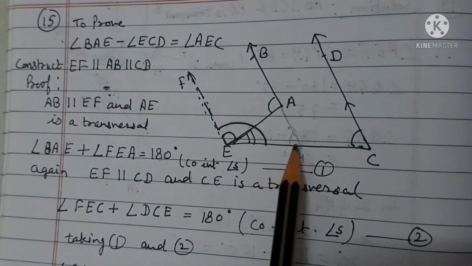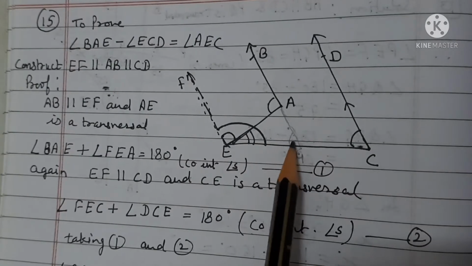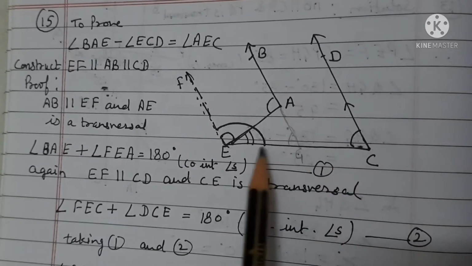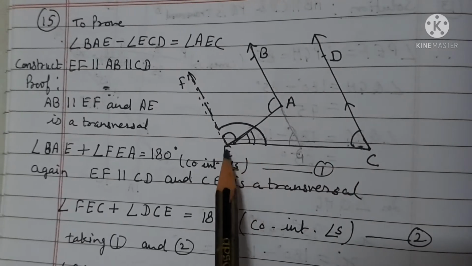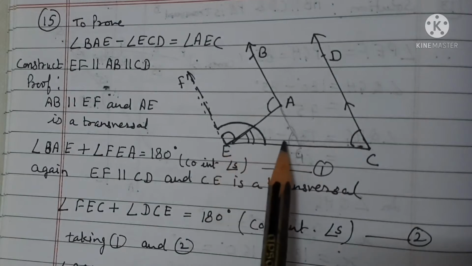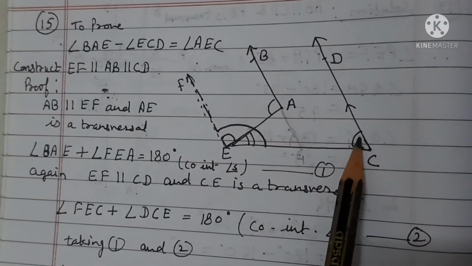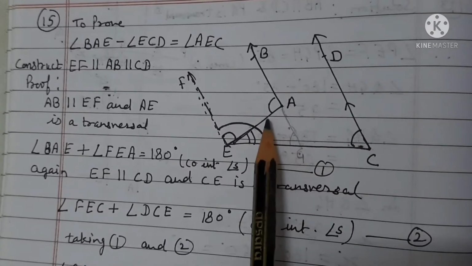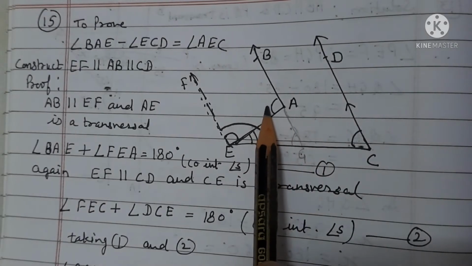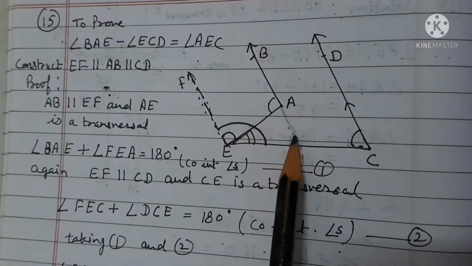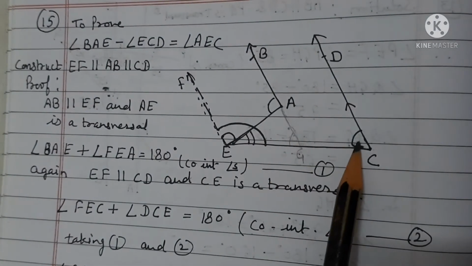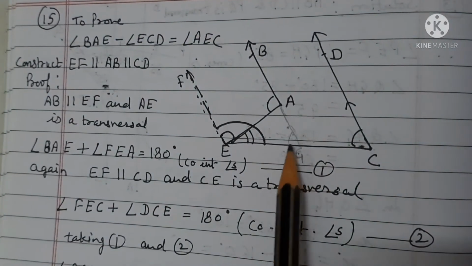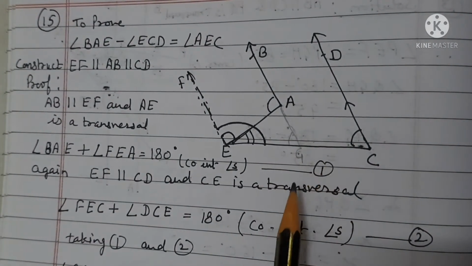Now substitute the value of angle G, which is equal to angle C, or angle ECD. Both are the same thing, these are corresponding angles. The sum of these interior angles will be equal to the exterior angle, then replace this angle by the angle ECD. So try to solve it yourself.